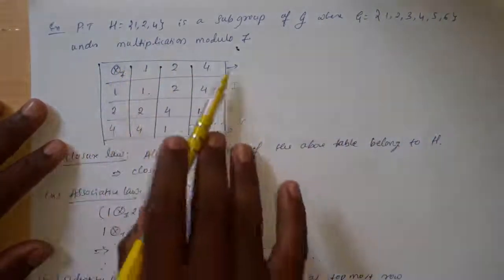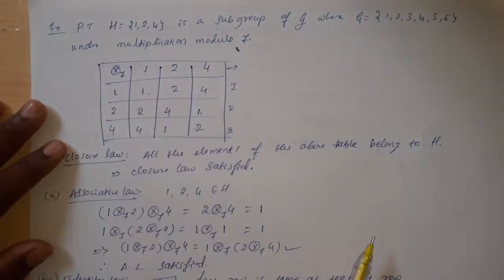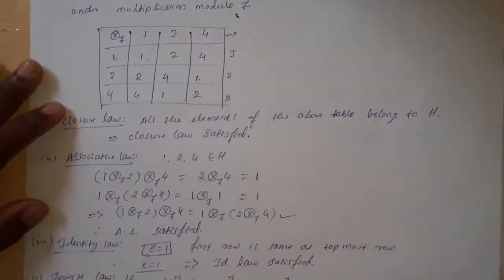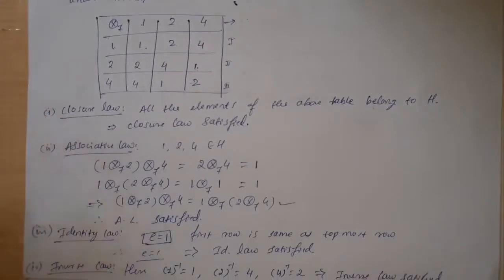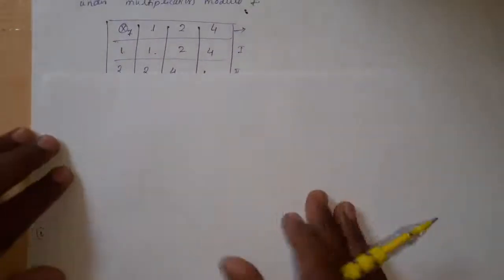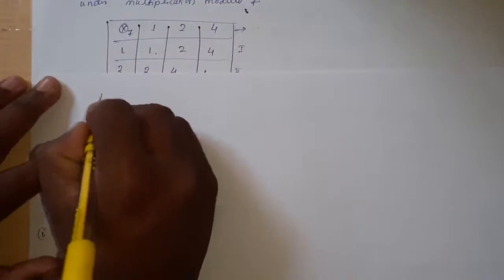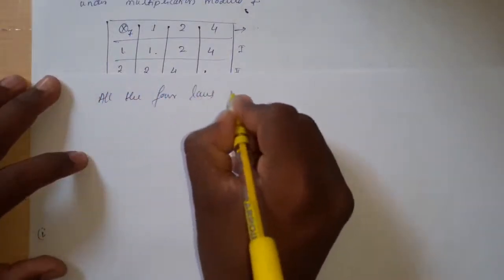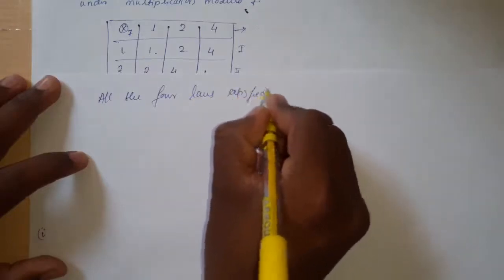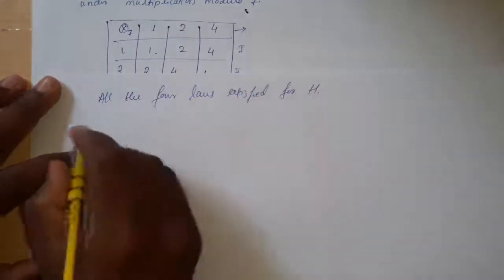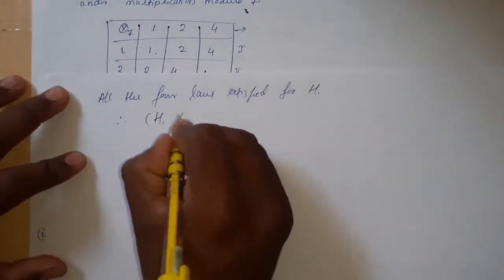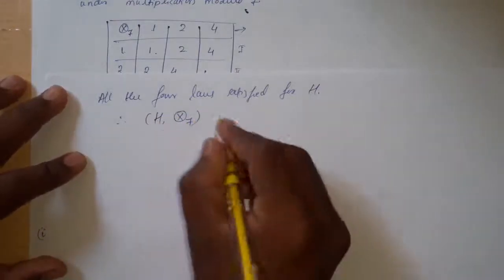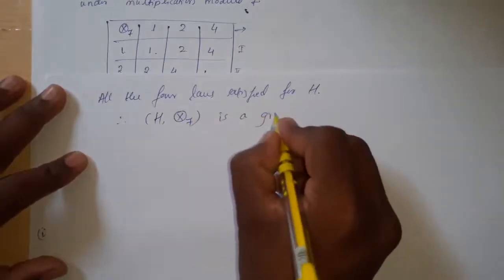Therefore, here we have written the multiplication modulo table, and regarding this table we have written all the 4 laws. Hence, all the 4 laws are satisfied. So here write down the conclusion. All the 4 laws satisfied for H. Therefore, H under multiplication modulo 7 is a group.